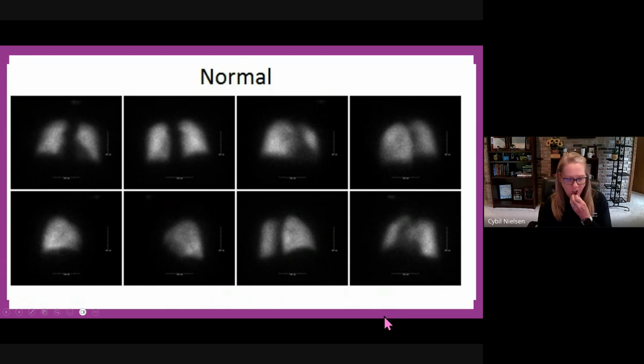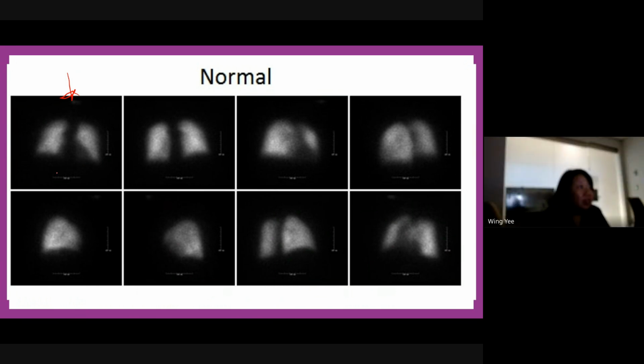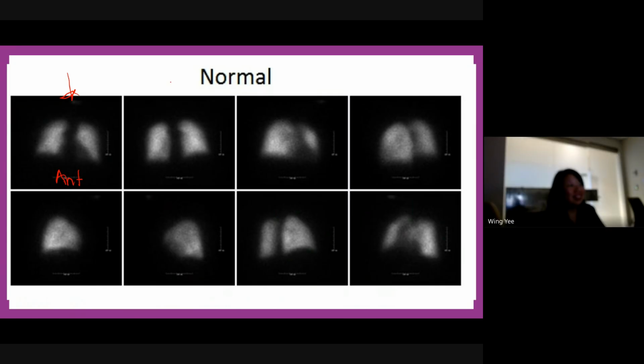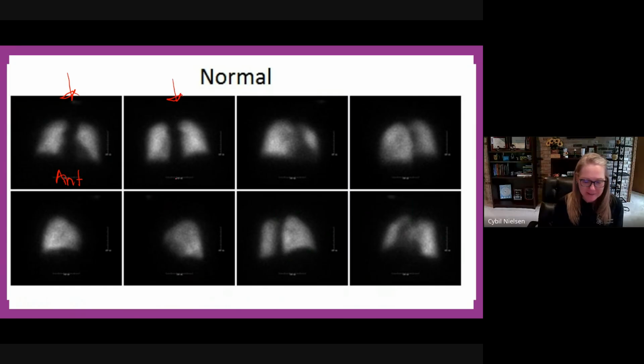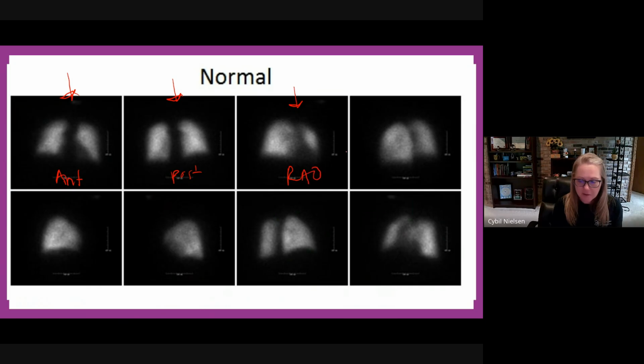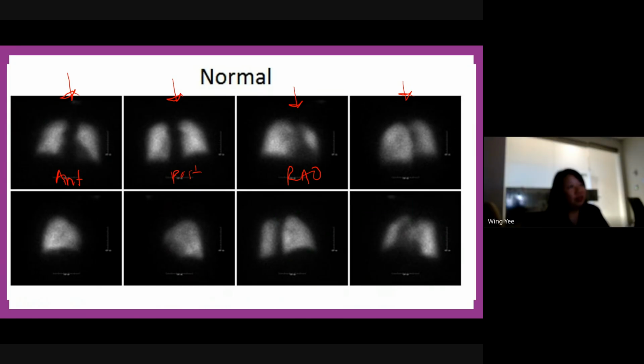Okay, let's do some labeling. What's this one? It's an AP. It's anterior. Anterior. You're definitely multimodality. All right, what's this one? Posterior. Posterior, very good. Okay, how about this one? It's the right side, RAO. RAO, yes. Okay, how about this one? It's the LPO. Yeah.